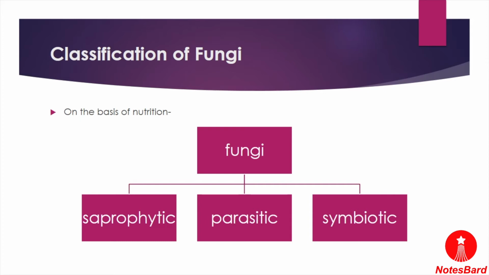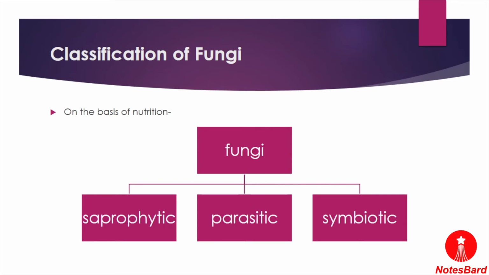The third type of fungal species are symbiotic fungi. These fungi live in a symbiotic association with several higher plants or some microbes. In this condition, both the host cell and fungus get benefits from each other.